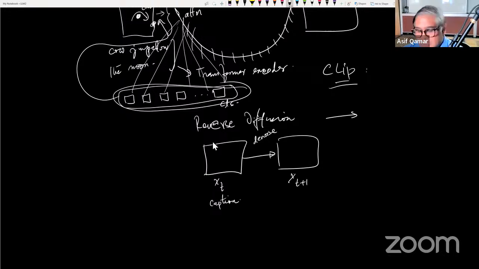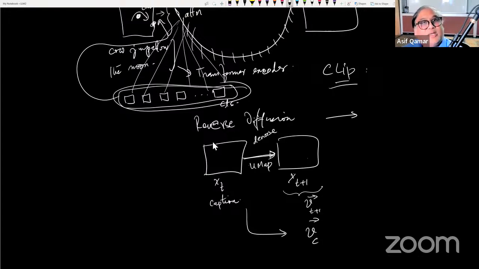Now what can I do? I let this journey through the UNet go through in between. Then I have this image. What I can do is I can pass it through a CLIP encoder to get the image vector for t plus 1, isn't it? At the same time, there is one thing that is constant.